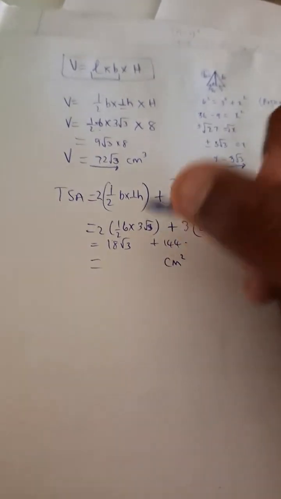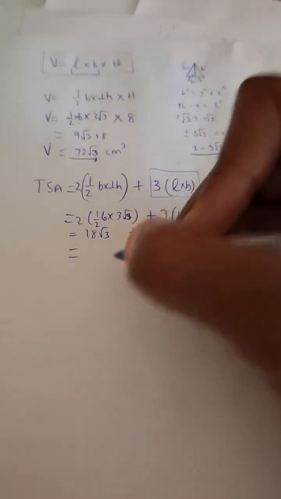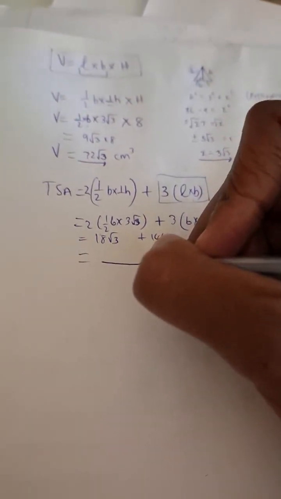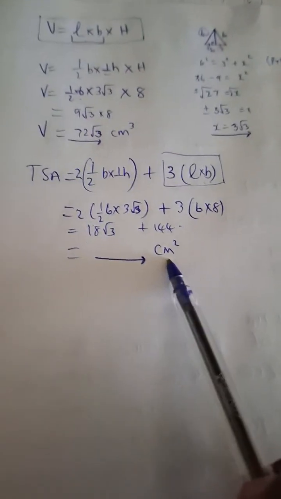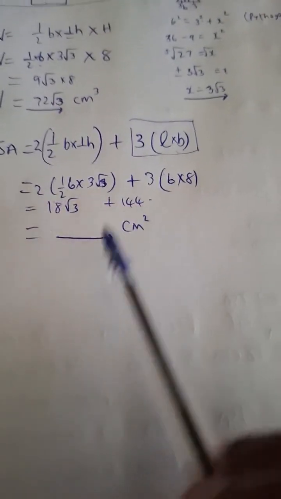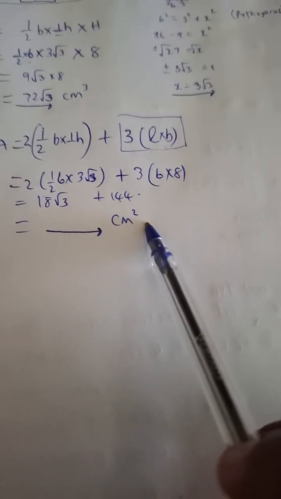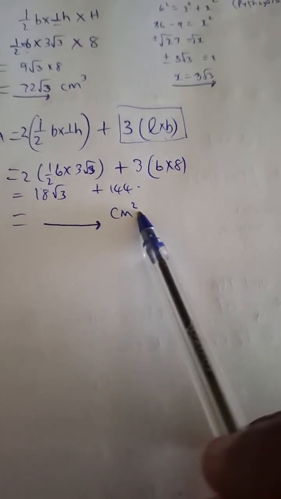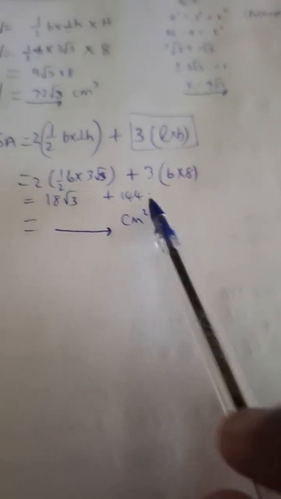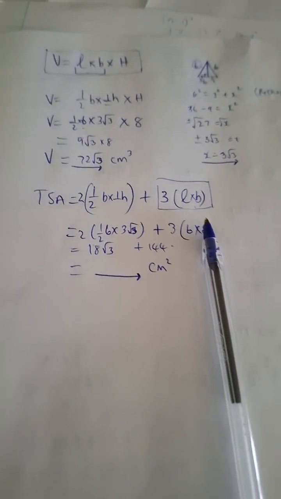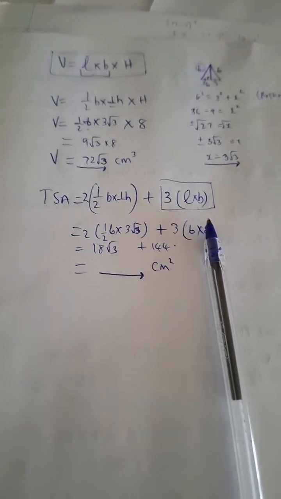And then you add these together, 18 root 3 plus 144. I'm going to allow you guys to comment in the comment section what the answer is. 18 root 3 plus 144 gives me what in centimeters squared?